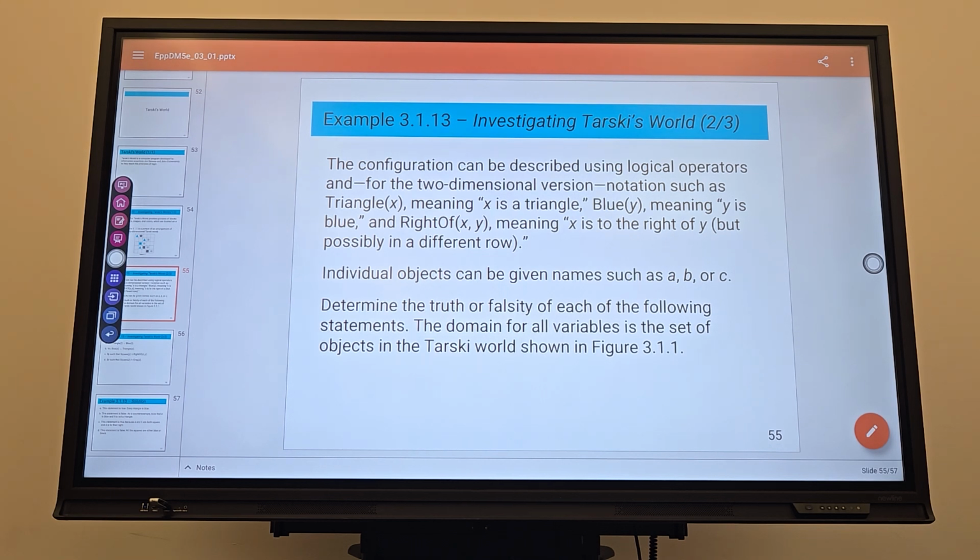Individual objects can be given names such as A, B, or C, and the slide gives a few examples of finding the truth or falsity of each of the following statements, given the figure on the previous slide.